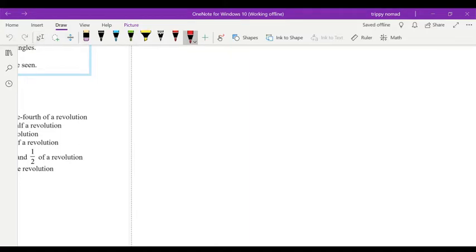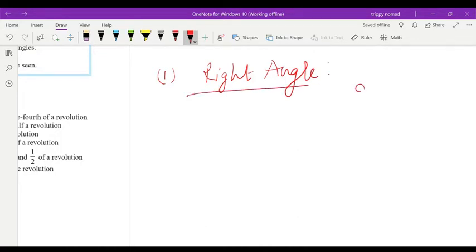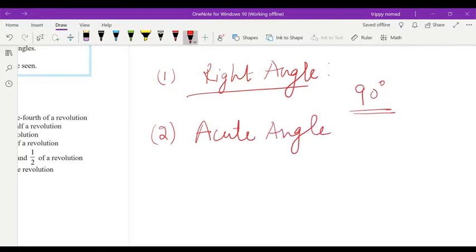First of all, number one, what is a right angle? The angle whose measure is 90 degrees is called a right angle. And what is an acute angle? An angle whose measure is less than 90 degrees is called an acute angle.